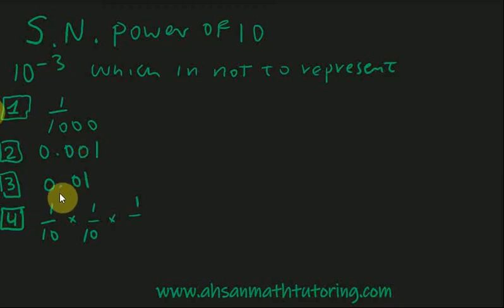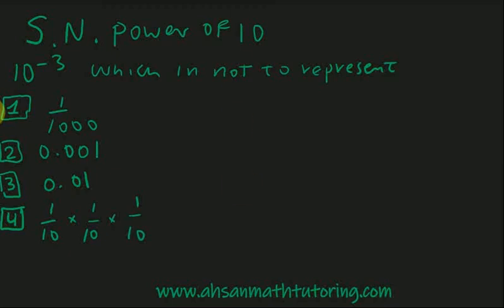The third one is 0.01, right? So you have 1, 2, 3, 4. The last one is 1 over 10 times 1 over 10 times 1 over 10, right?